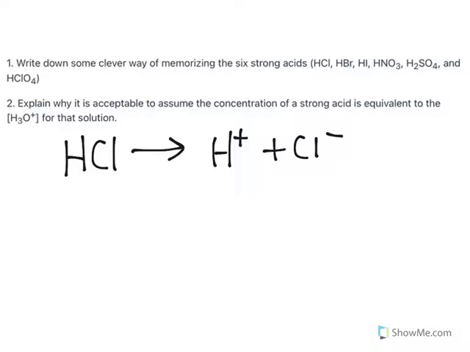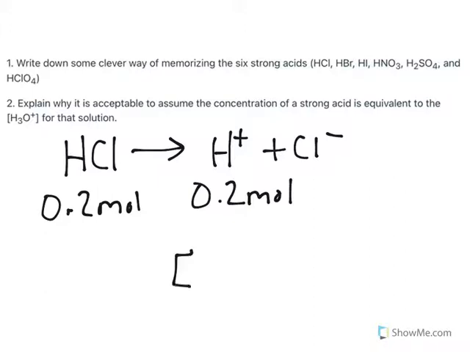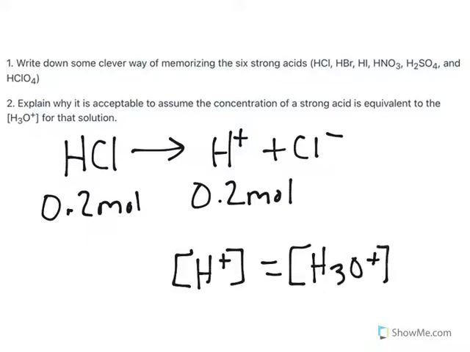So if you put in 0.2 mole of HCl, since it's a 1-to-1 ratio, you're going to get out 0.2 mole of H+. And each one of those H+ ions is going to attach to a water to form hydronium. So for all intents and purposes, H+ concentration is the same thing as H3O+ concentration.